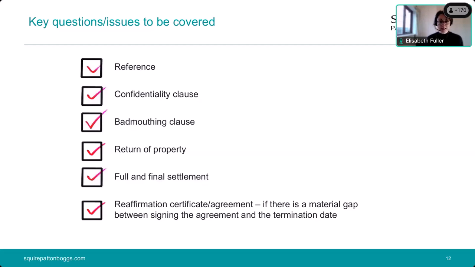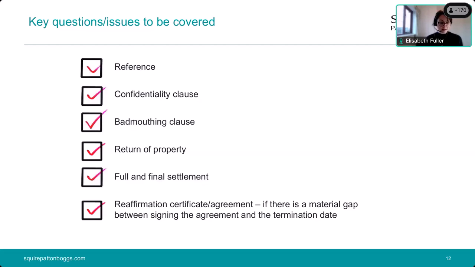And ultimately, the aim of a settlement agreement is to get the employee to waive all and any claims that they might have against the company to the fullest extent that's possible under the law. And so it is worth spending time making sure that that full and final settlement clause is properly drafted and does everything that you need it to.